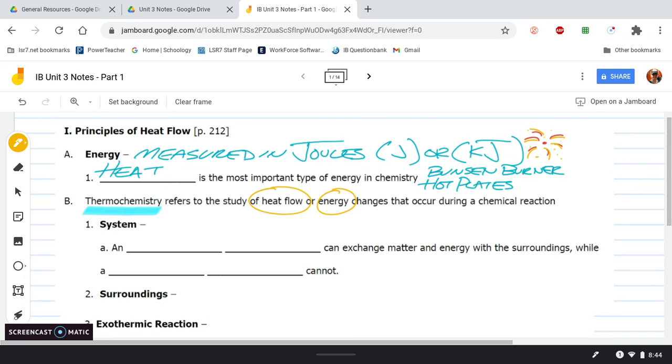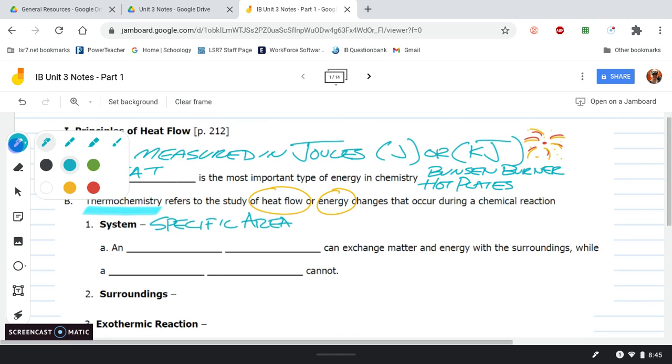So what is a system? A system is an area where you're doing the experiment, or an area where you're focusing your attention on. So the system is going to be a specific area, usually where the experiment is taking place.